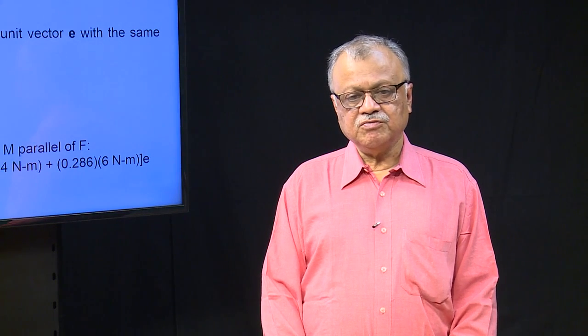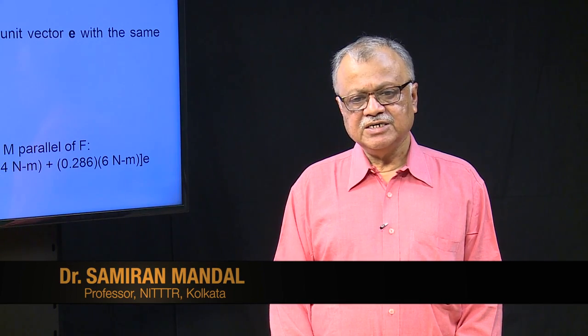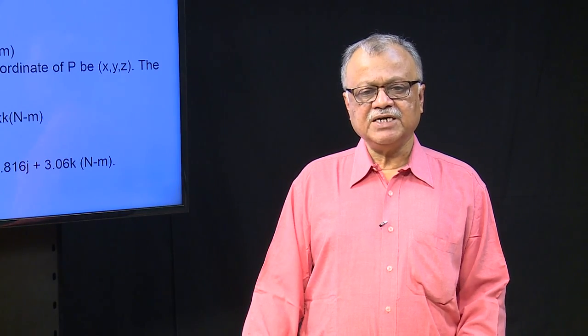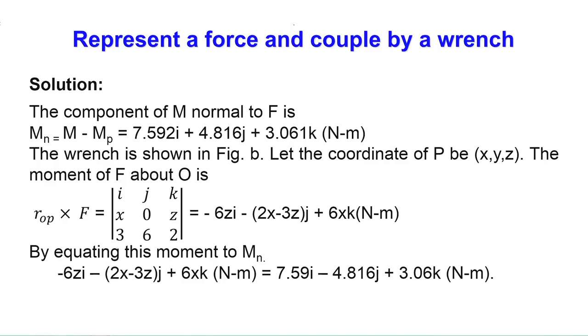So, the total moment is M. If you find out Mp, and subtract that from that vector, you will get Mn, that means the normal vector you can get. Now, this normal vector is not given, we have to generate it.